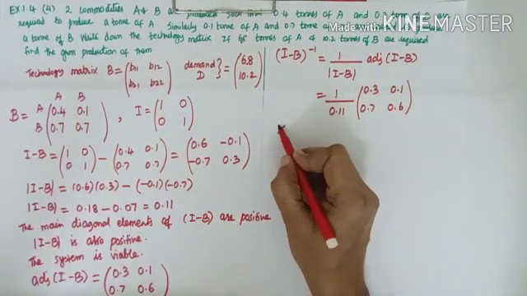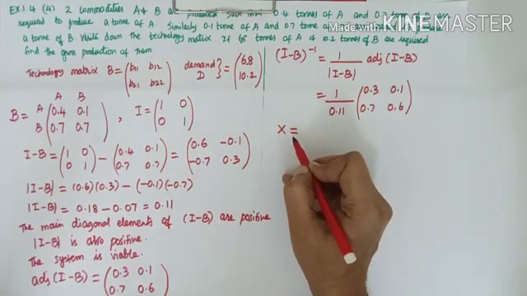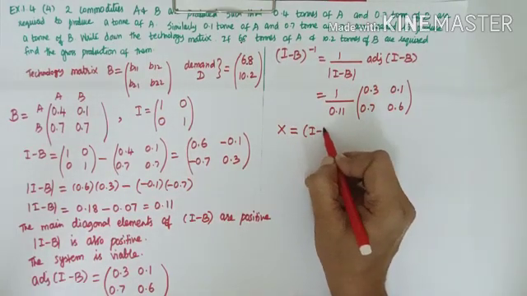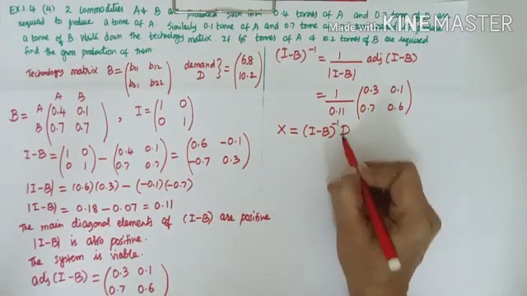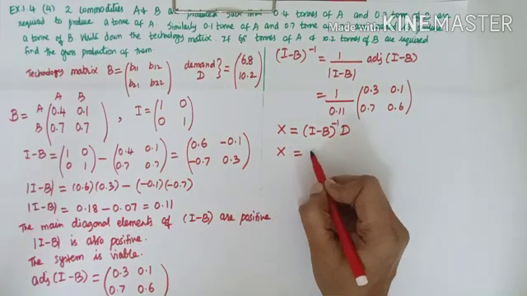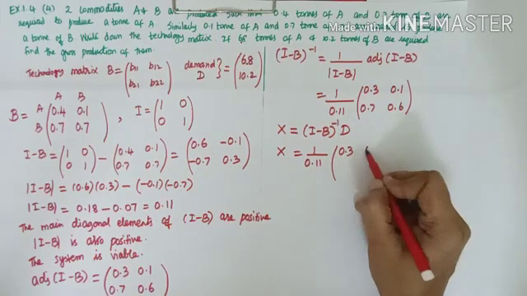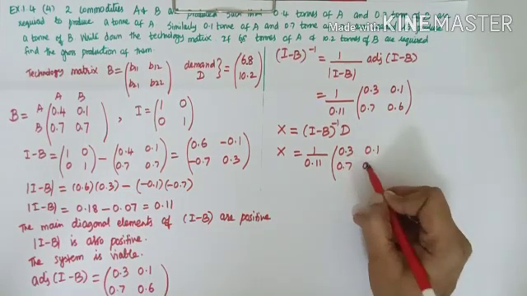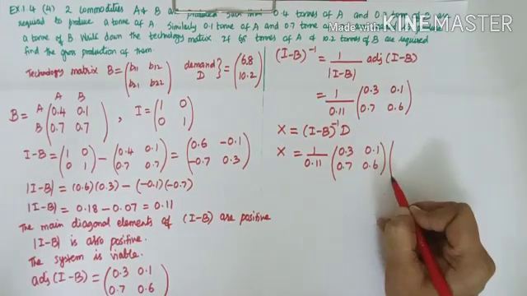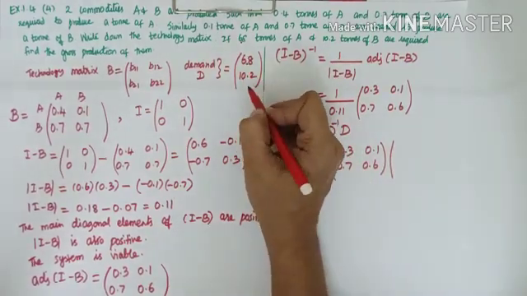The next step, we want the gross production X, which is nothing but I minus B inverse into D. X is equal to 1 by 0.11 into 0.3, 0.1, 0.7, 0.6 into the demand.